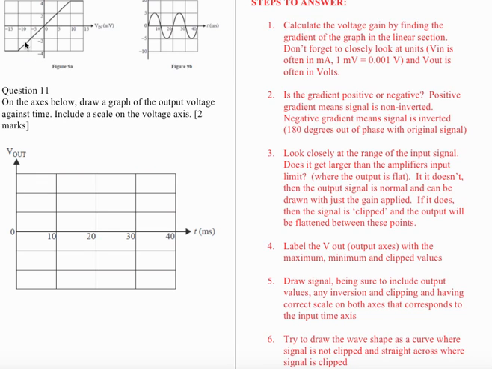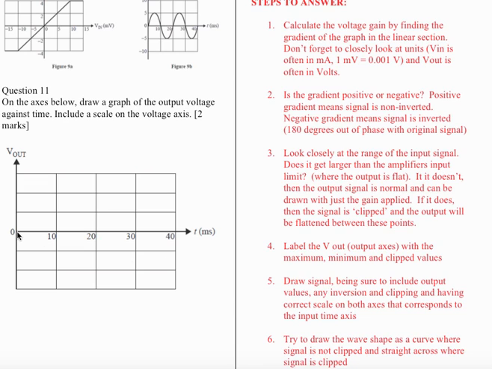This particular one is a positive gradient, so it's non-inverted, so it'll be the same shape as this one. And then you can simply draw the graph here with the correctly labelled peak voltages. So probably use that section there to draw your peak output voltage in this case. So that's basically how you do these problems.